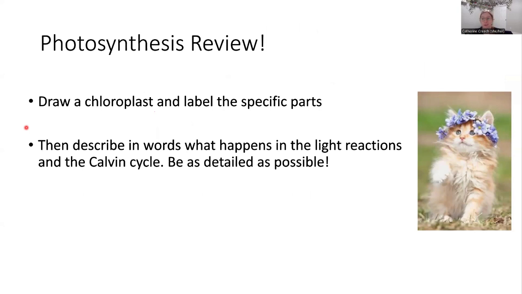As you review photosynthesis, a great way to study is to draw a chloroplast and label the specific parts, and then describe in words, either full sentences or say it out loud to your cat or your houseplants, what happens in each step of the light reactions and the Calvin cycle, and use as much vocab as you can.